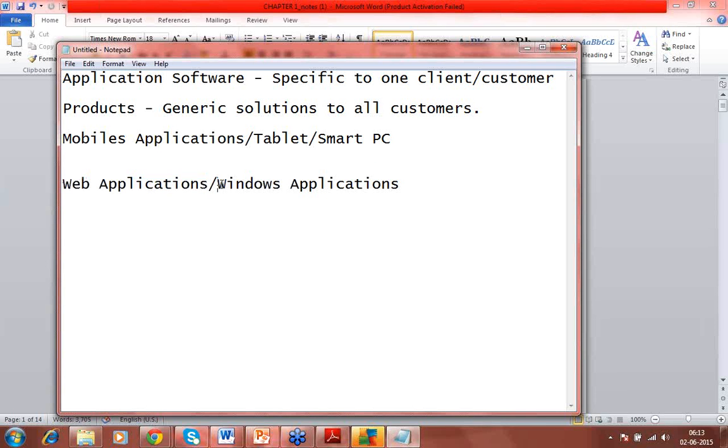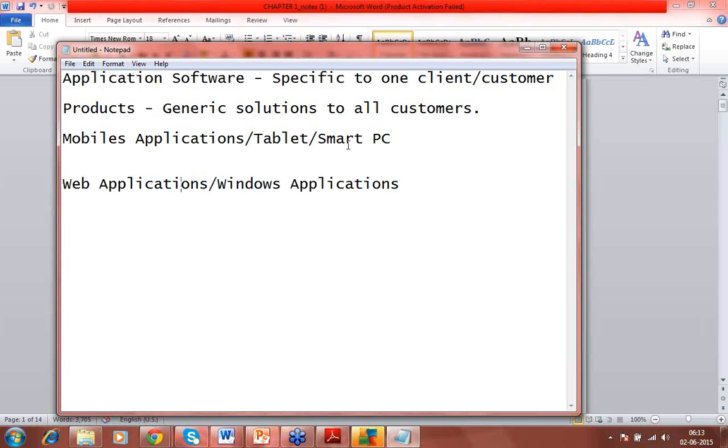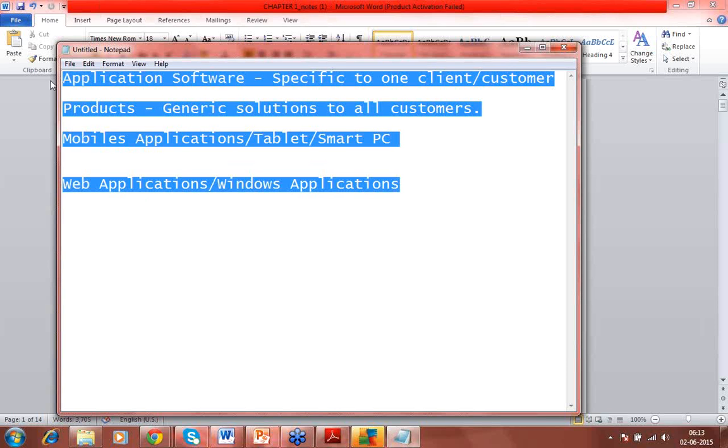A Windows application is where you install that application on your Windows operating system or any other operating system, and then you use that software. The mobile applications, you all know, you just go to your store, whether it is Android or Windows, download the application, and then start using it. So these are the different forms of software that we are all using in our day-to-day lives.